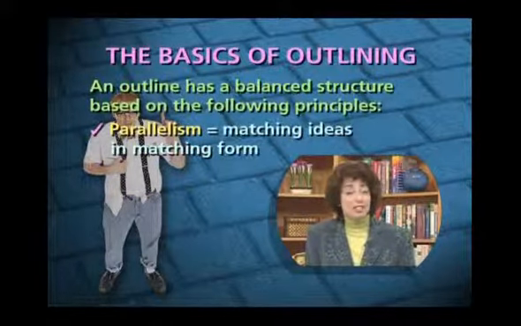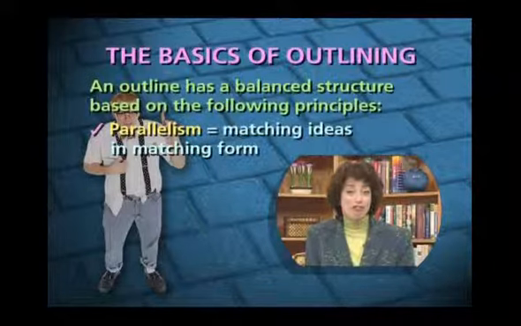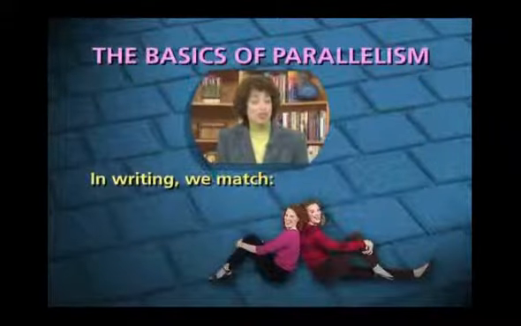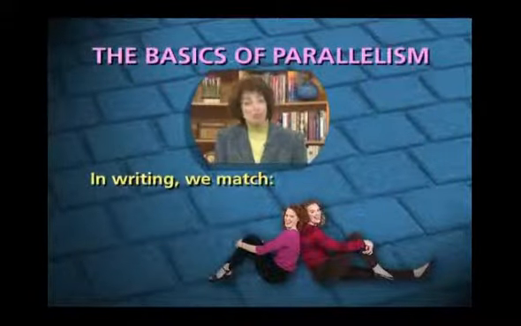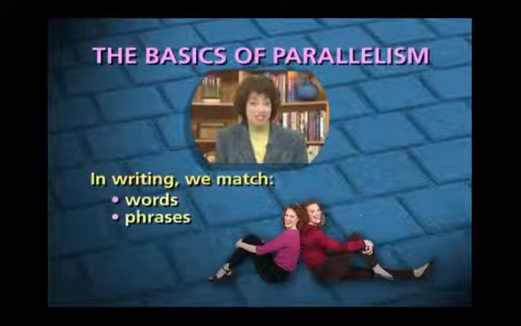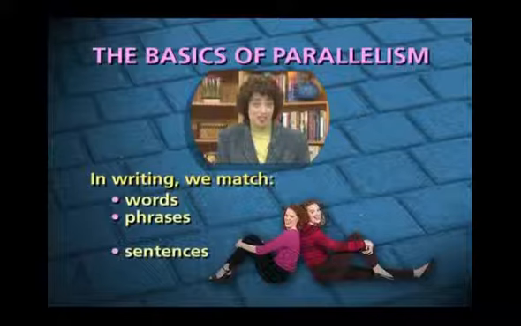Parallelism simply means matching form. Think about matching your jacket to your pants. Think about railroad tracks that run parallel or one next to each other. When it comes to writing, you don't match tops and bottoms, you match words, phrases, and sentences.